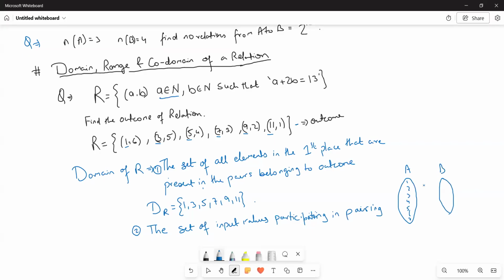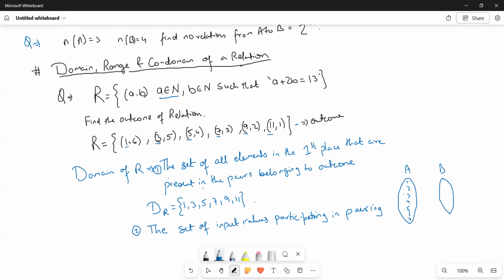No, sir. The only numbers that are participating in pairing are 1, 3, 5, 7, 9 and 11. So the set of those input values that participate in pairing are known as the domain.